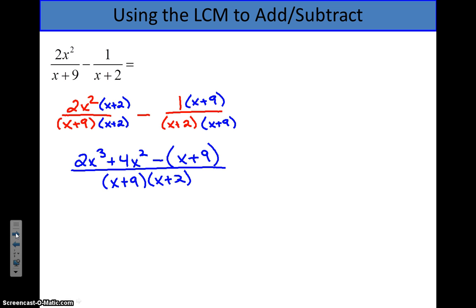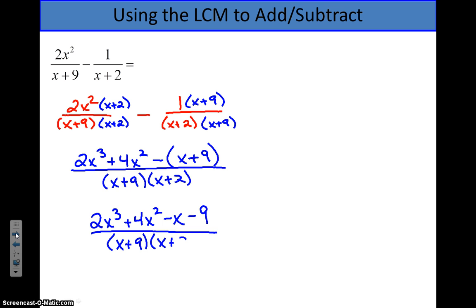And so my final answer here would be 2x cubed plus 4x squared minus x minus 9, divided by my least common denominator, x plus 9 times x plus 2.